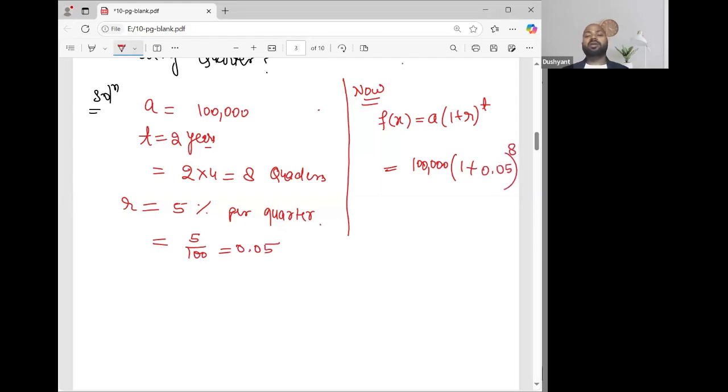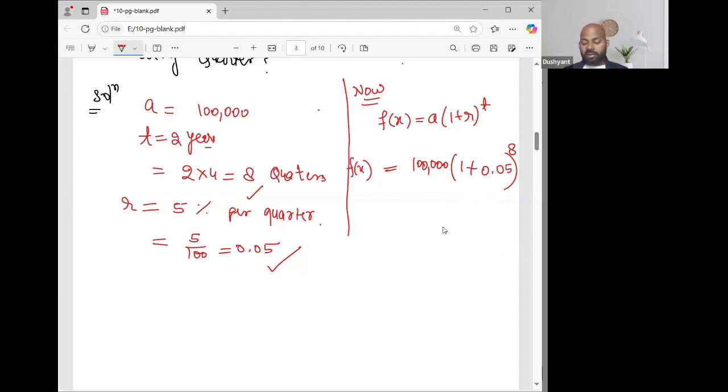And t means 8 here. So a is 100,000, 1 plus r, r is 0.05, and t is given as 8 quarters.